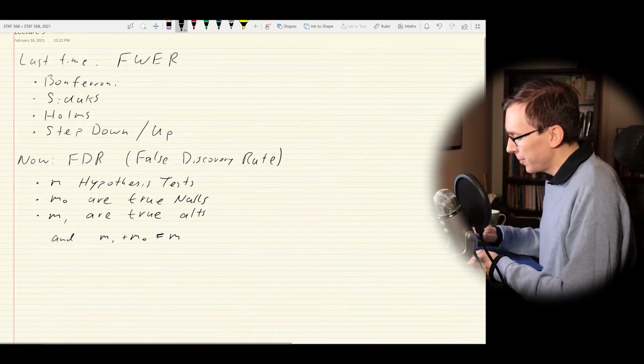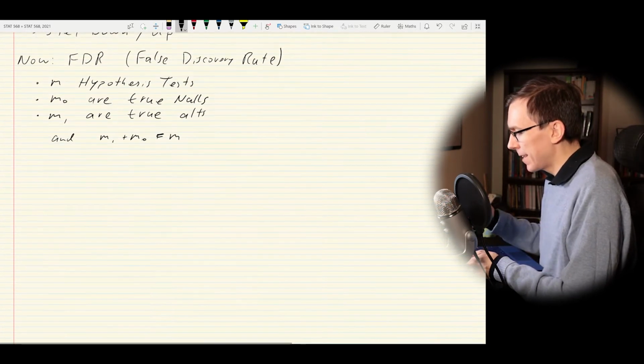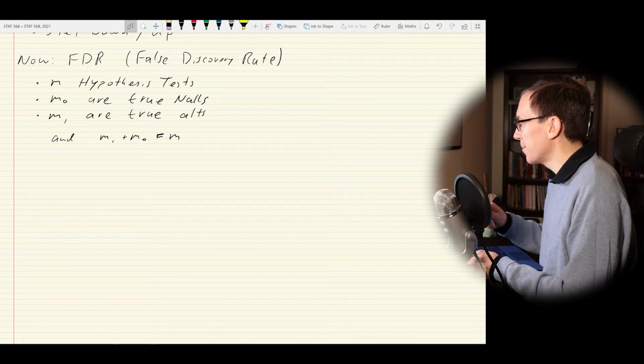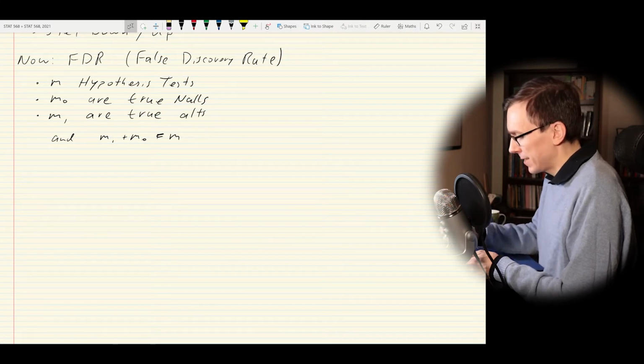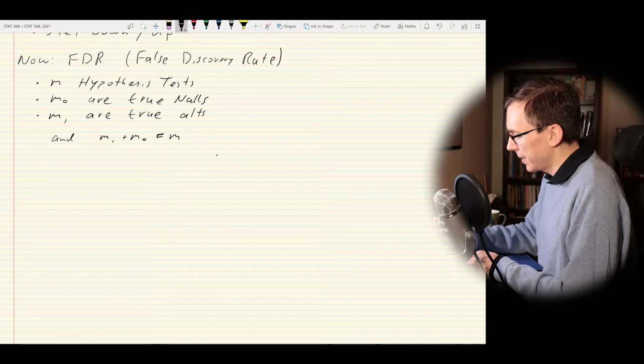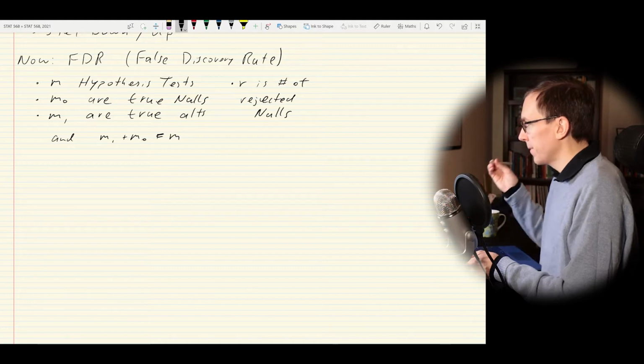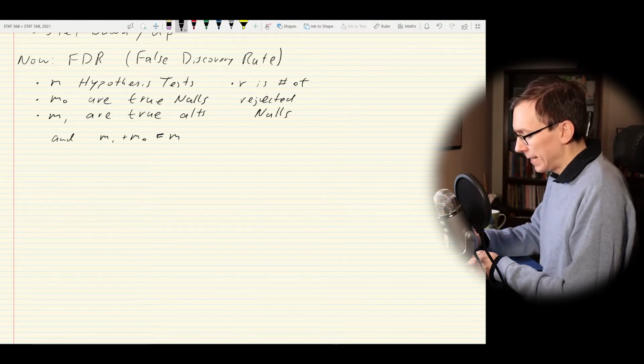And let's get rid of that FWER because we don't need it anymore. We got something better. We also need R, which is going to be the number of rejected nulls. So I'll put that over here. Okay, and then what we can get is a table.